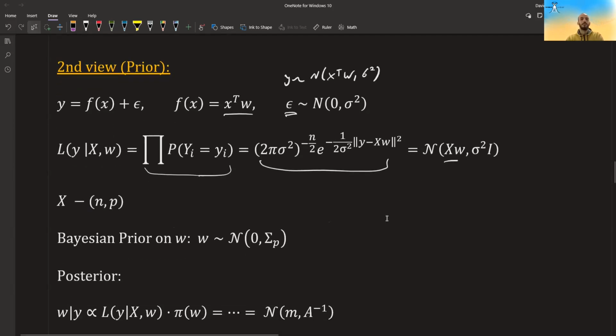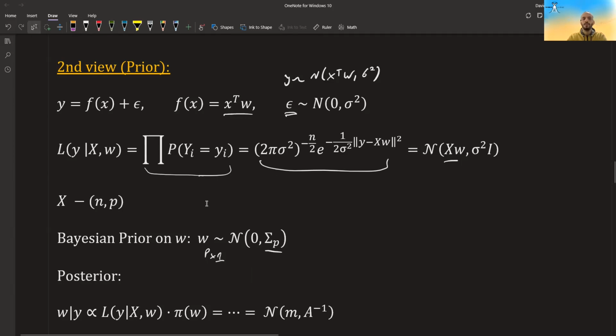Okay, and now what we will do is we will assume some prior on our weights. We will assume that our weights also come from a normal distribution. So our weights are a p by 1 vector, and we assume it comes from a multivariate normal distribution with some prior covariance matrix, which I will denote as big sigma p.